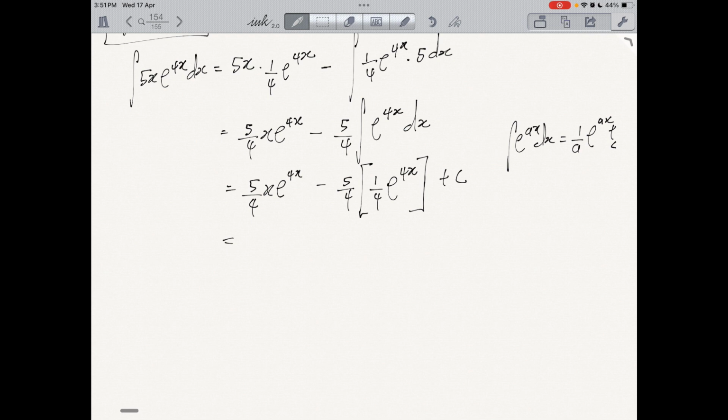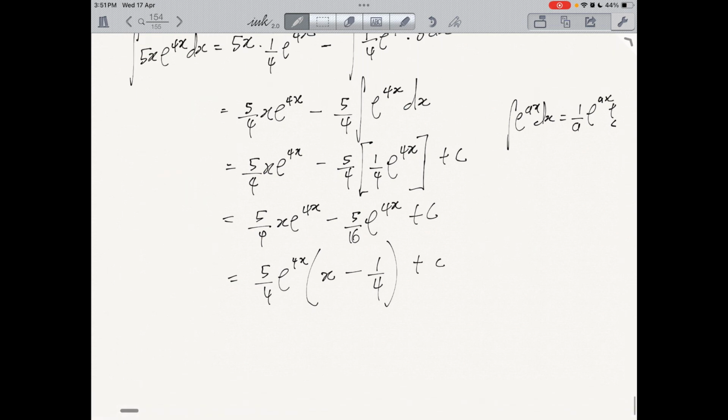Now this will give us 5 over 4 x exponential 4x minus 5 over 4, or let's say 5 over 16, exponential 4x plus c. Now we can factorize using 5 over 4 exponential 4x, and this will be x minus 1 over 4, plus c. And this will be an expression for the integral of 5x exponential 4x dx.